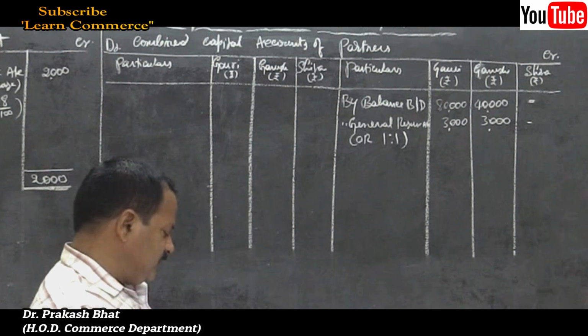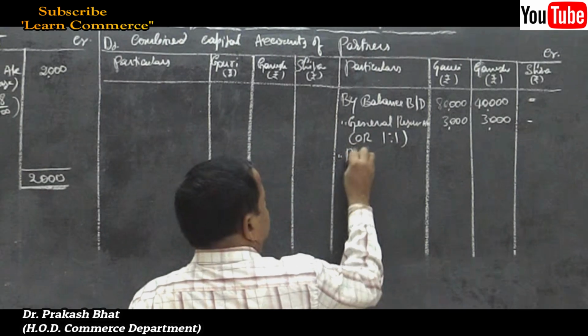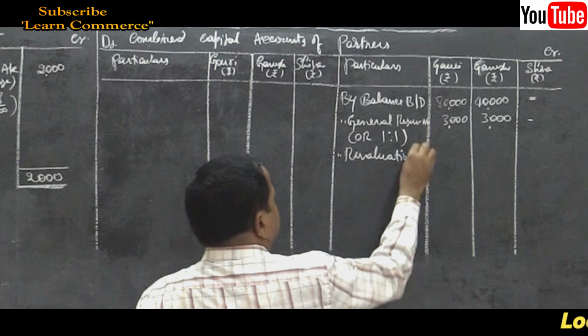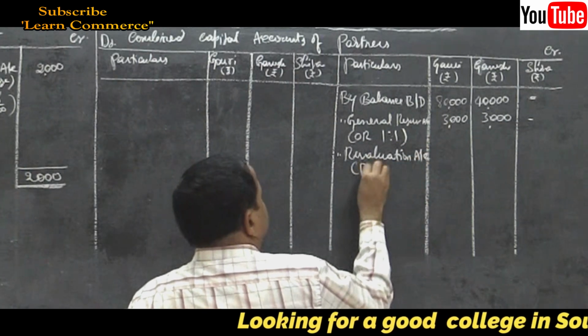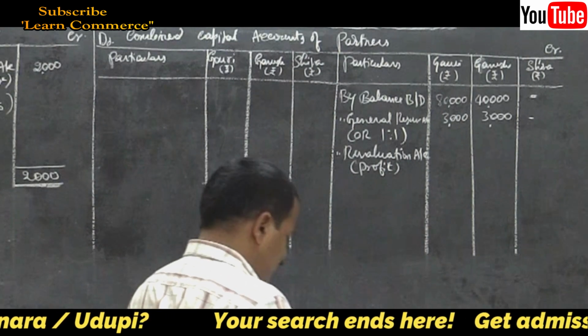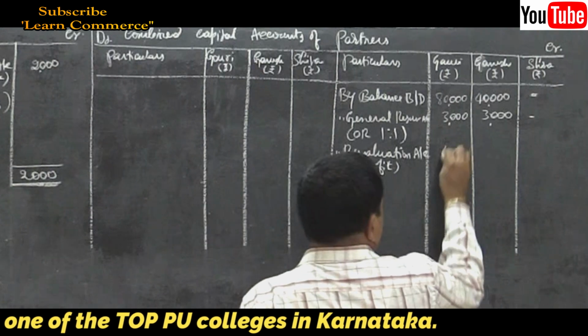Then what else? There is the revaluation profit. Credit it. Revaluation account, profit, how much? 450 each.